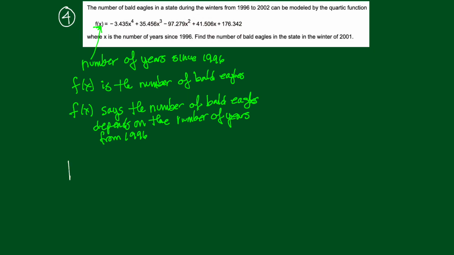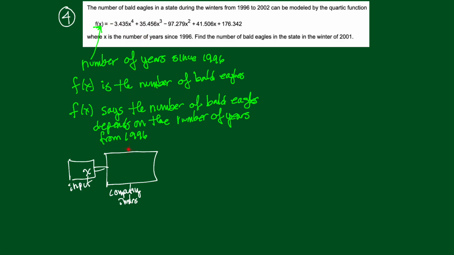The way I like to do things is this. Here are our input values, and these are x's, the number of years since 1996. Then in here we have the computing instructions. I'm not going to try to write it, but that's this big set of computing instructions, that big, long expression.